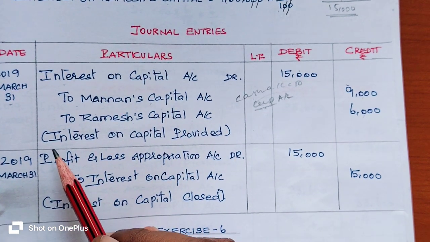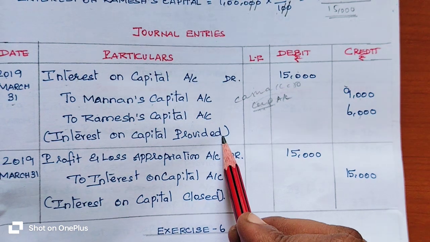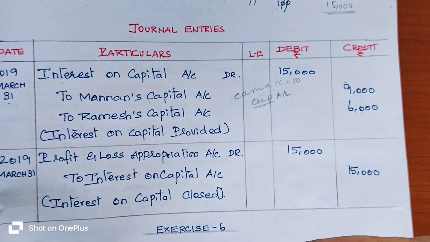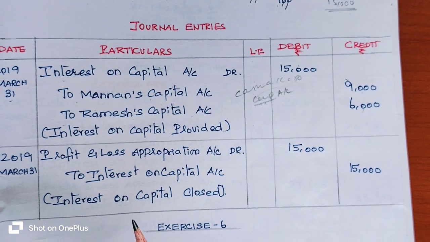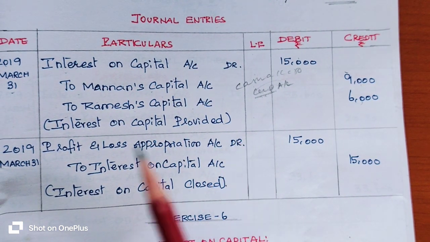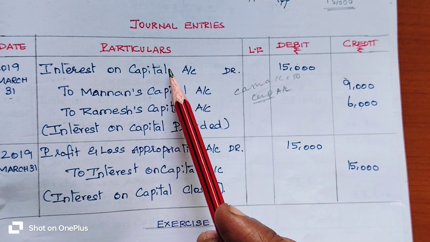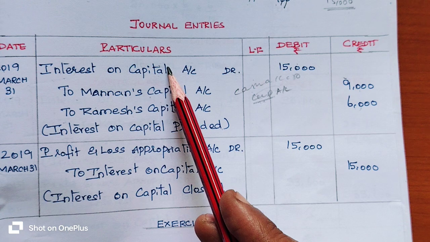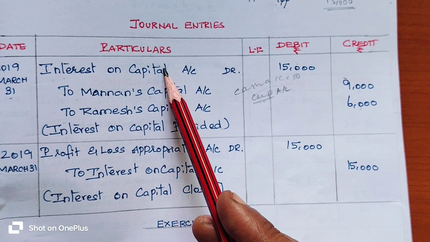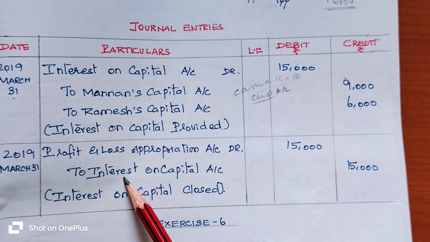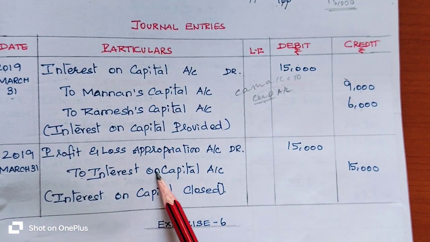For the narration, you should write: interest on capital provided. Then you have to close, or transfer, the interest on capital. So the transfer entry or closing entry for interest on capital is, where is interest on capital? It is on the debit side. To transfer or close it, you have to enter it on the opposite side. It is on the debit side, so it will go to the credit side. So, to interest on capital account.